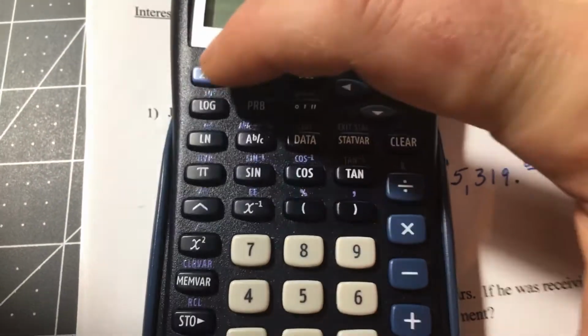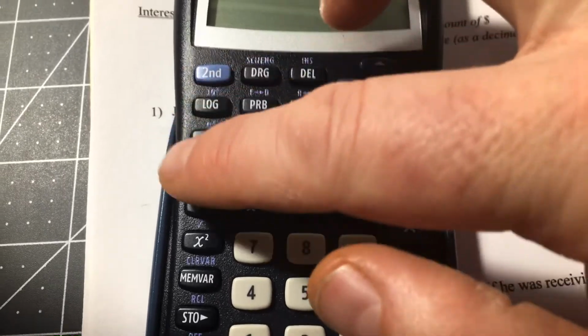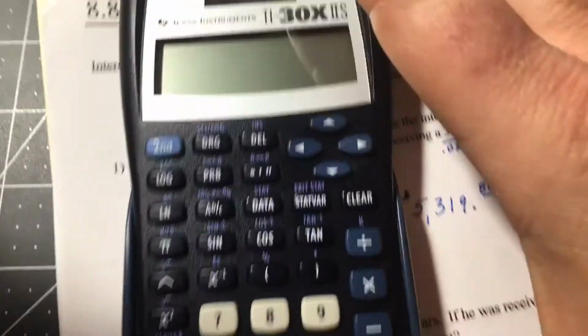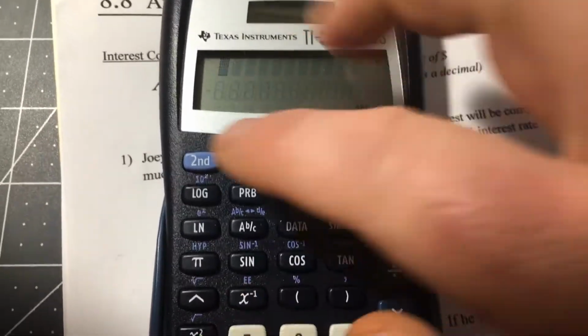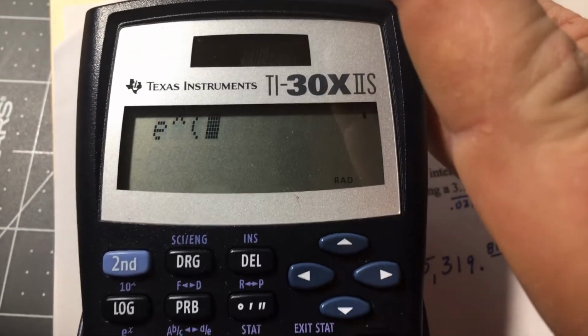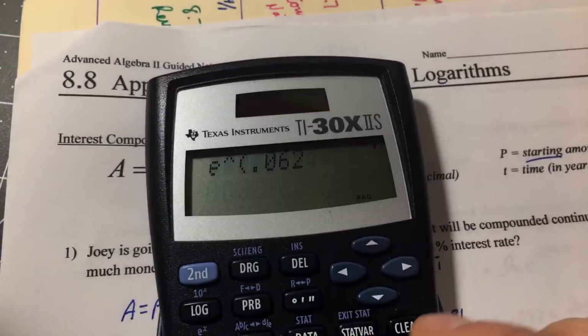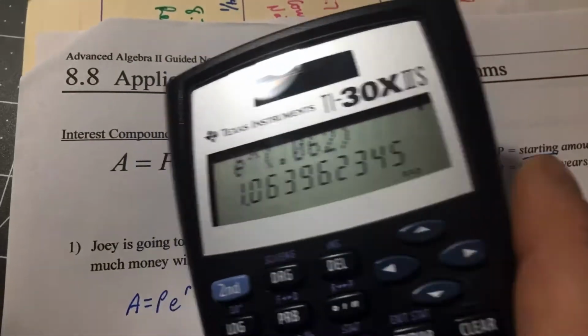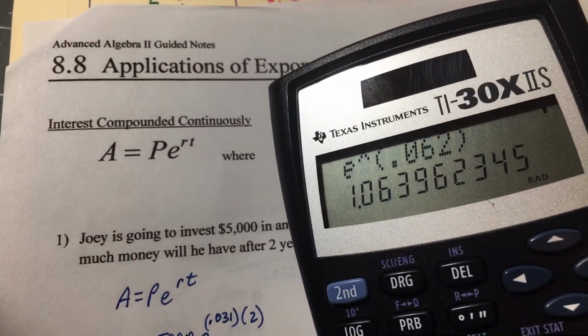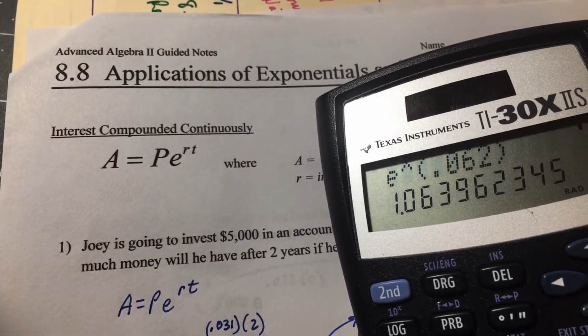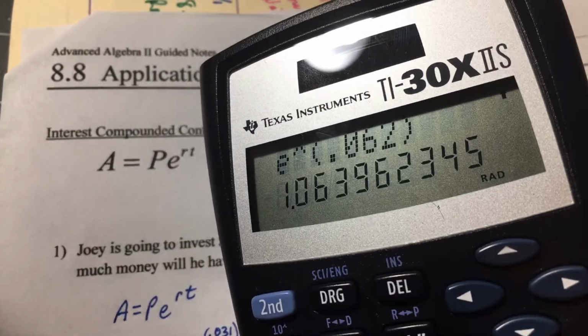So you'd have to hit second LN, turn it on, second LN, and then that pops up there like that. Then you put in your 0.062, close your parentheses, hit equals, and you get that number there.